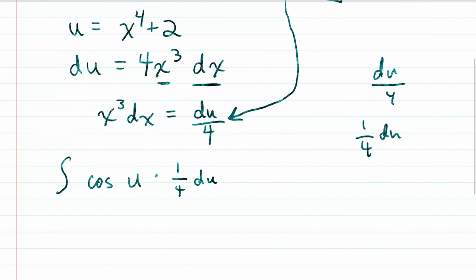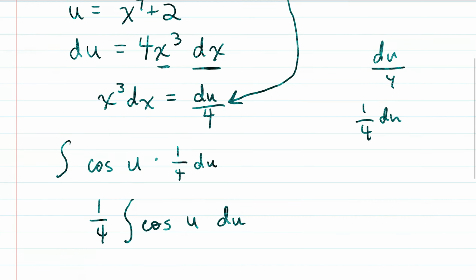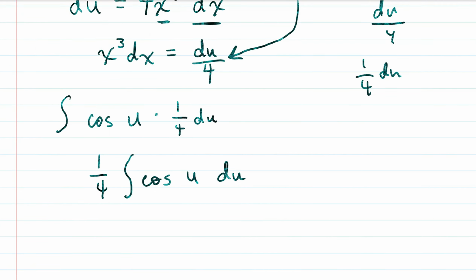Now I can bring the 1/4 out as a coefficient and take the integral of the cosine of u du. So this is a much easier integral than the original problem because we have antiderivative formulas for that.